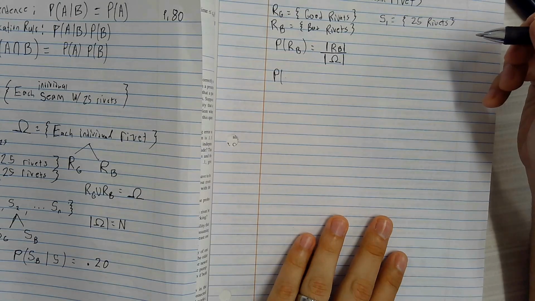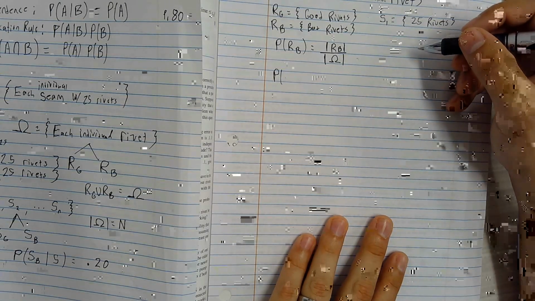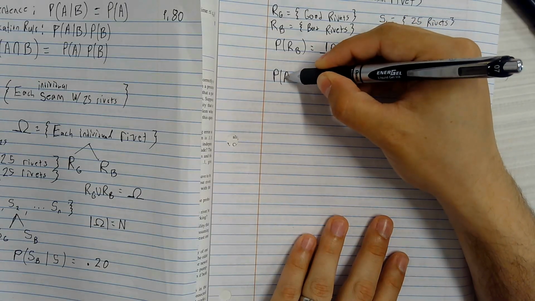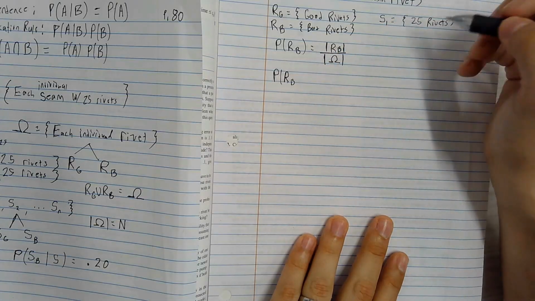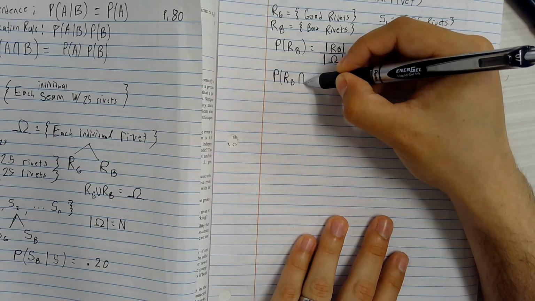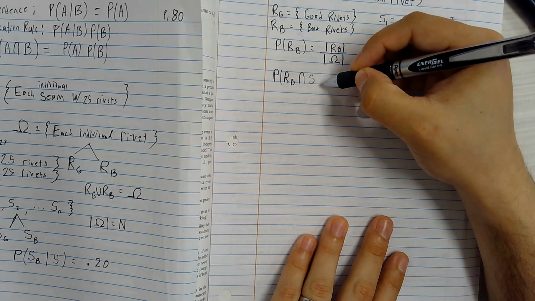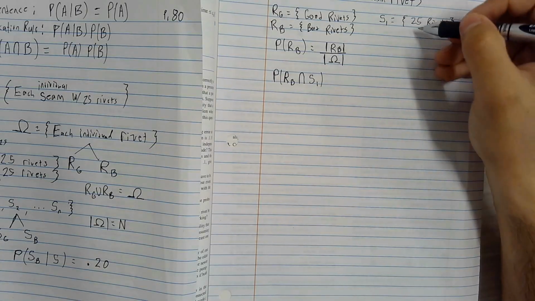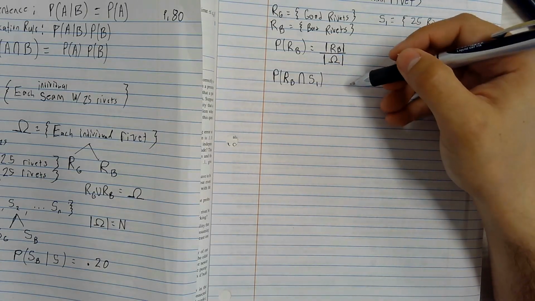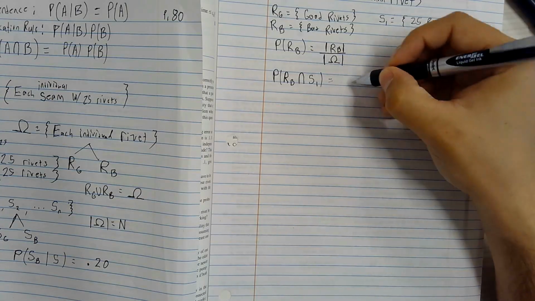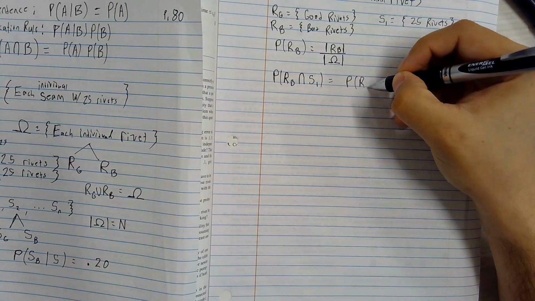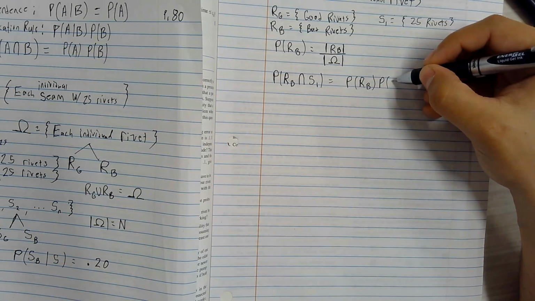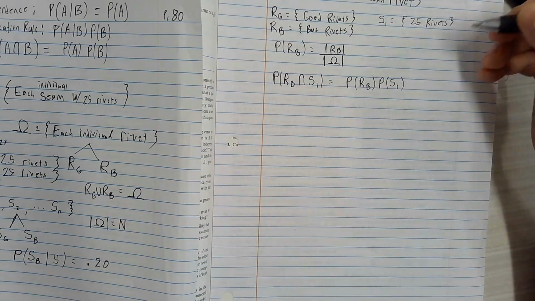Then we say that the probability of a bad rivet that intersects with the S1, so that would mean that one of these rivets is in the set of bad rivets, is equal to the probability of having a bad rivet times the probability of S1 in general.